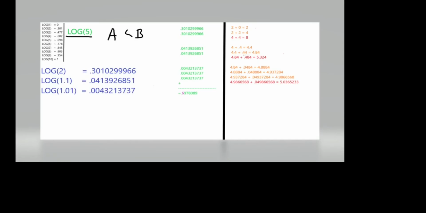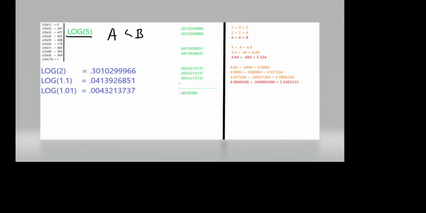Now it's 0.44, and we get 4.84. And then the algorithm again checks, is 4.84 greater than 5 in our case? It's not. So we can go ahead and add this value now to the accumulating log value.